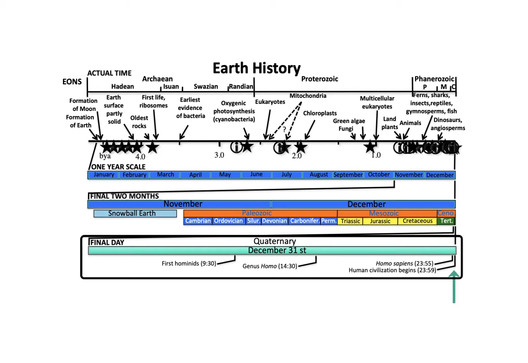And then human civilization begins just about a minute before midnight. And so that shows you the amount of time humans have been on Earth relative to the age of the Earth and all of the other things that have happened in evolution.